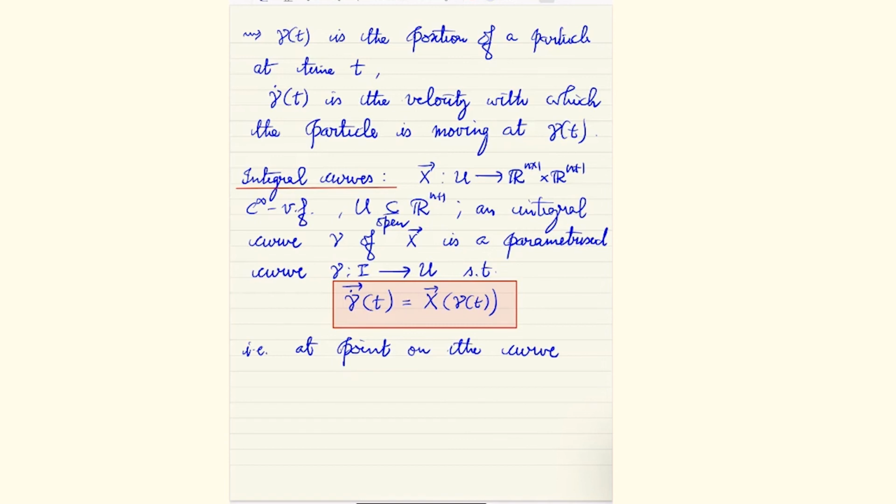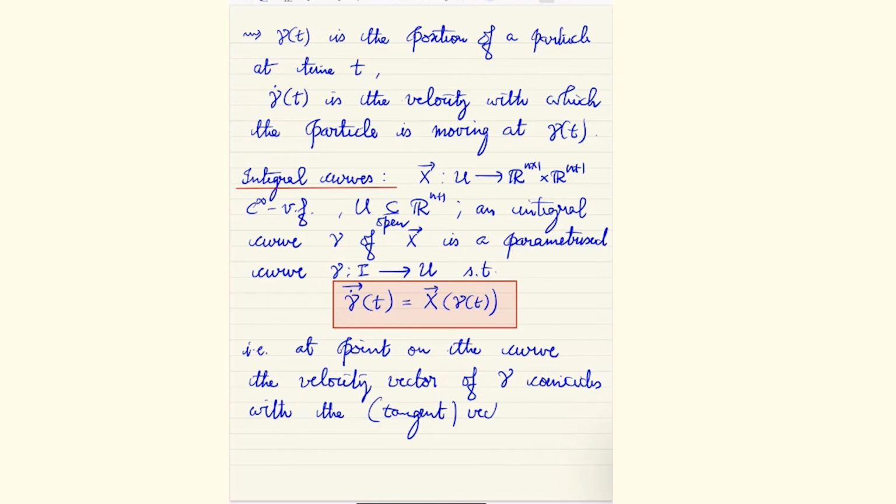So the velocity vector of the curve gamma coincides with the tangent vector given by the vector field at that point, or the associated function, given at the point gamma t.